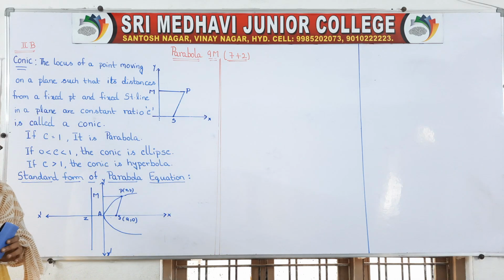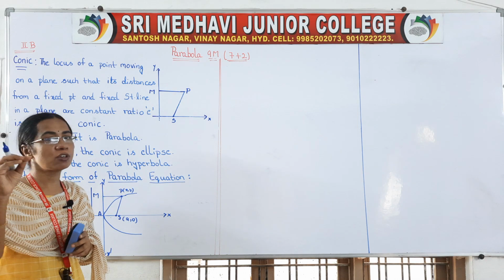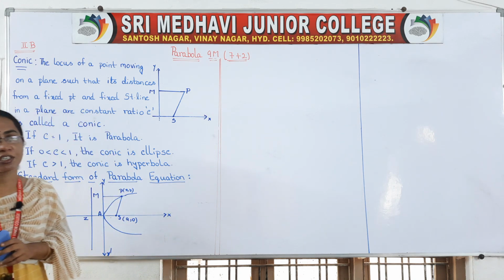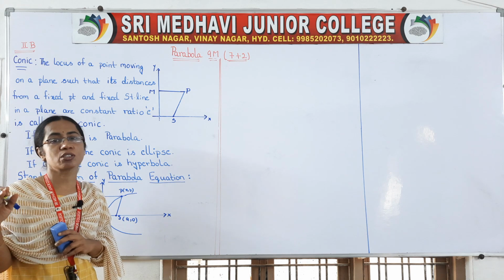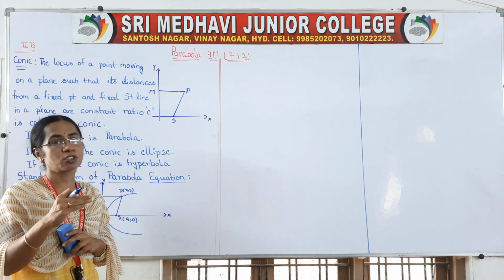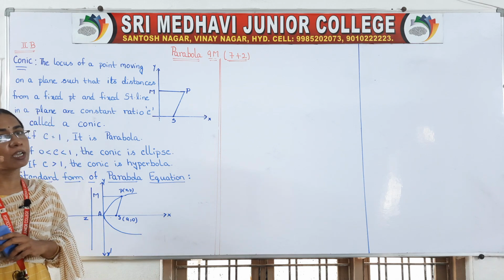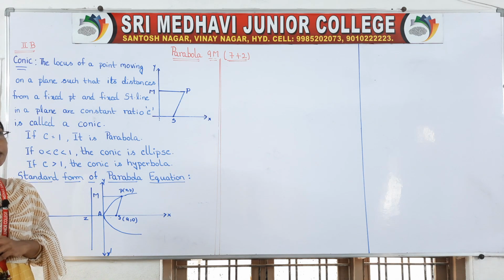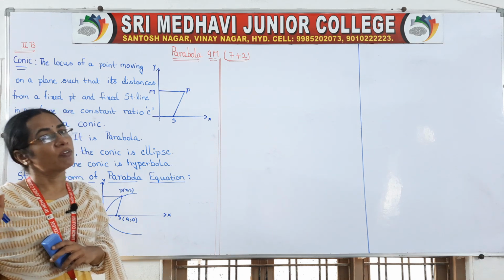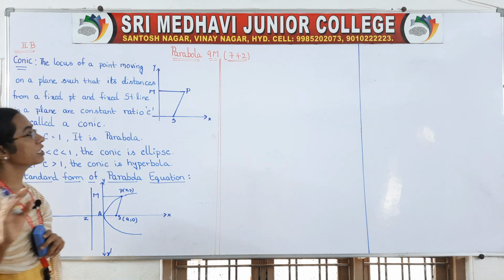Once again, conic is nothing but a curve made by a point, a locus. In first year you went through the locus; all curves are nothing but a locus made by a point. So here also it is a curve made by a point. In this conic, this point satisfies one geometrical condition. What is that condition?